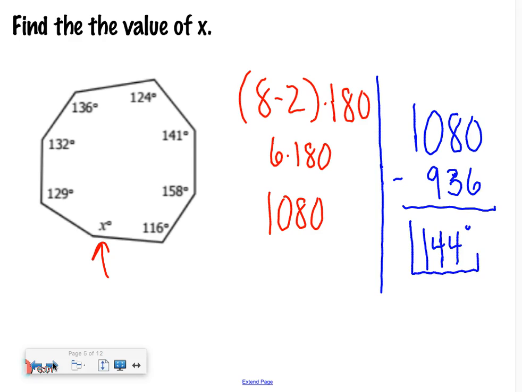You guys get 144? Ballpark, somewhere in there? Well, not ballpark, it should be 144. I hope.